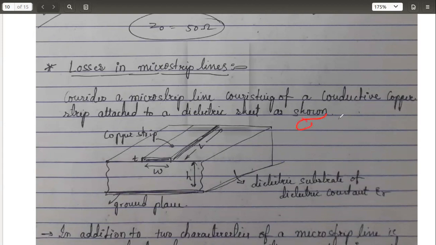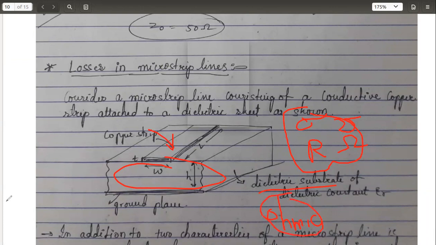Conductance is measured in mho, resistance is measured in ohms. Because of the conductivity of the strip, you will come across a second type of losses, that is ohmic losses. One is due to the substrate material, which gives dielectric loss. The second is because of the strip, the conductivity, the resistance, we come across ohmic losses. So these are two different losses.